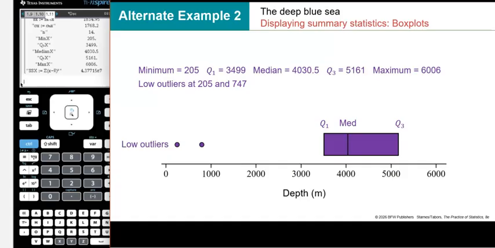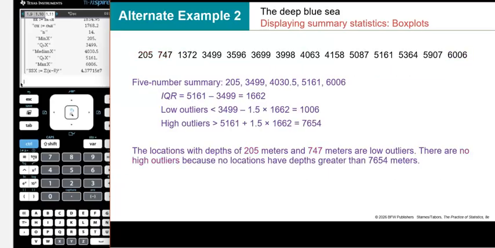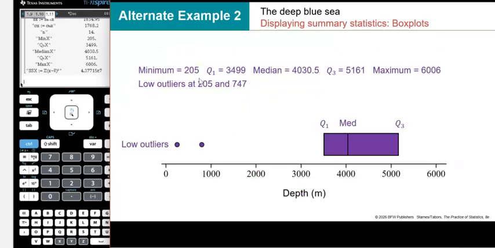They are unconnected dots. And one thing you would have to do, so let's see, the 2 outliers, one's at 747. If you look at the data, the number after 747 is 1372. So I will need that information, because once I do that, you see this bottom line, this whisker that comes out of Q1 and goes towards the outliers there.